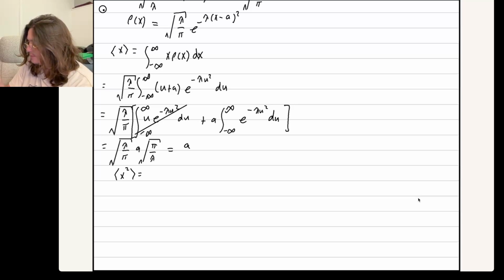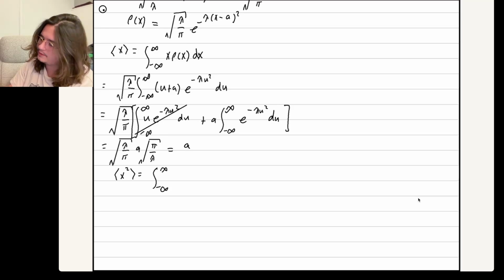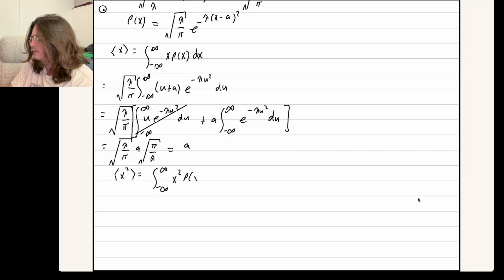So now we need to do the expectation value of x squared, which is just going to be the probability density multiplied by x squared and taking the integral of it over all space. I'm going to go ahead and plug in my u substitution and carefully remember the normalization constant. So it'll be the integral over all space of (u plus a) squared e to the minus lambda u squared du.